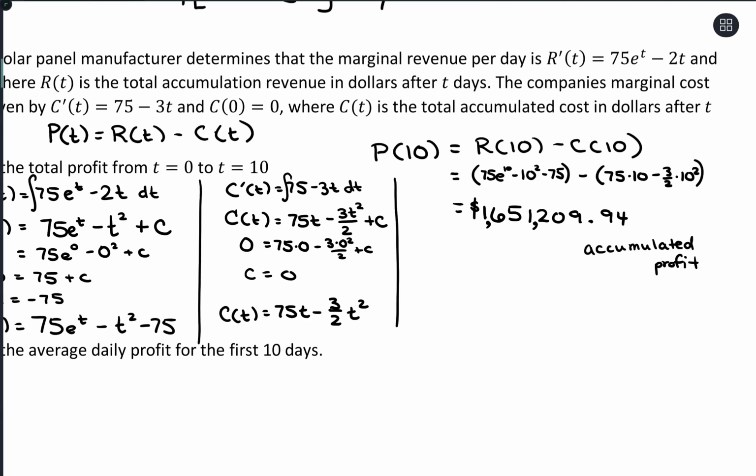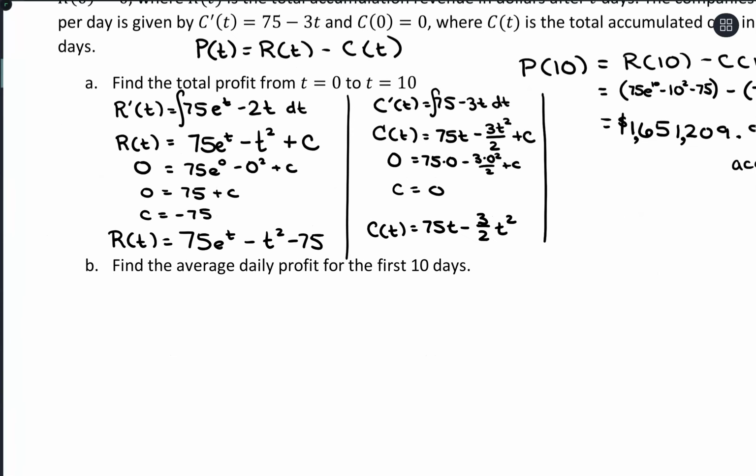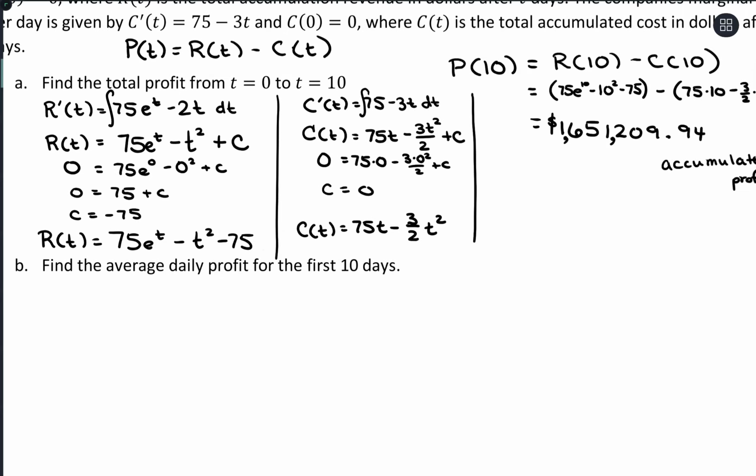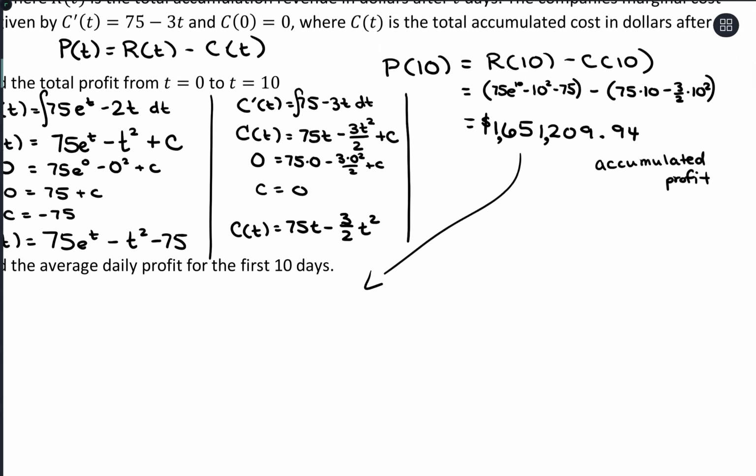So now, if I want that average daily profit, and it's like I want to multiply by that 1 over 10 minus 0. Really what we're doing is we're just taking that number and dividing it by 10. If we want the per day average, we would just take that accumulated profit and divide it up. So what that should be is $165,120.99.